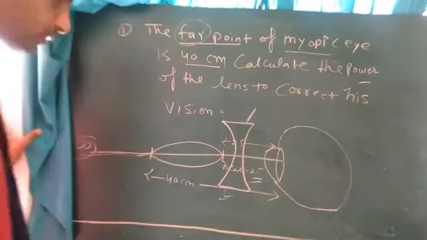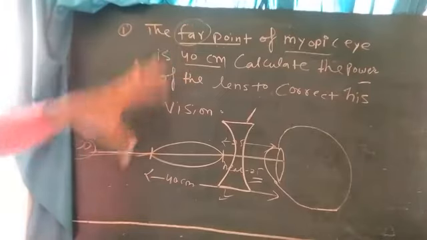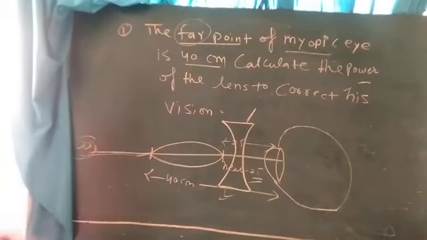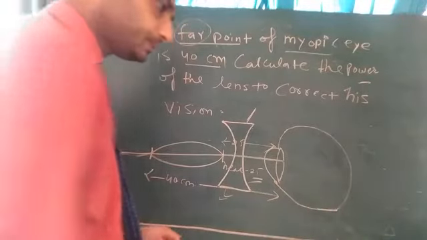Okay, so I hope you understand this diagram. Now I am going to solve this question. So you have to note this question and you can note this diagram also. I am going to solve the numerical.